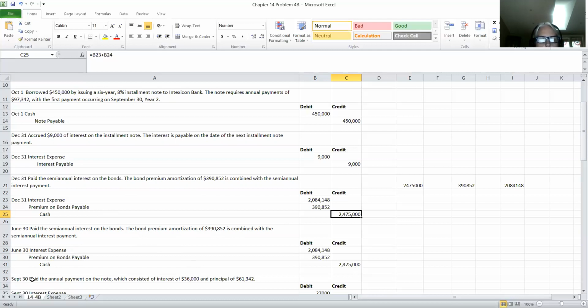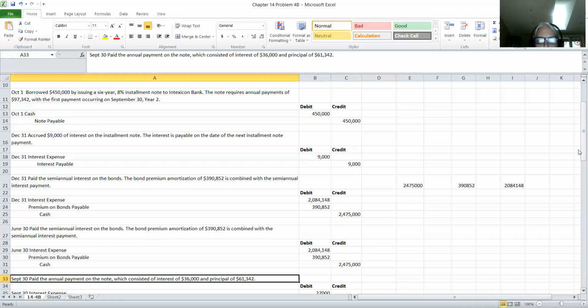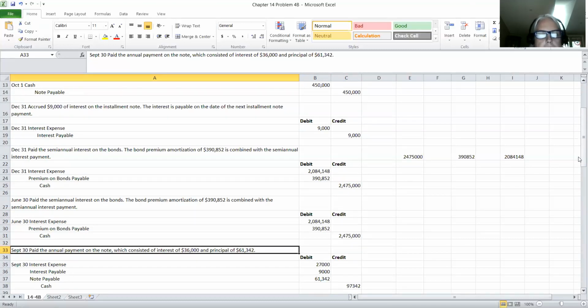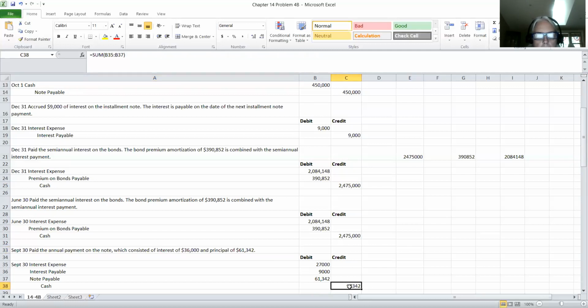On September the 30th, we paid the annual payment on the note, which consisted of interest of $36,000 and principal of $61,342. Notice that the $61,000 and the total amount of the interest, both of these combined, is the cash amount that is decreased here.